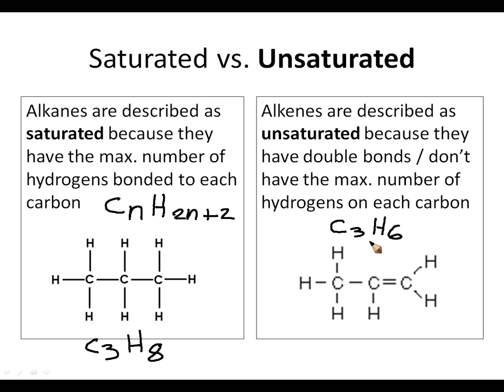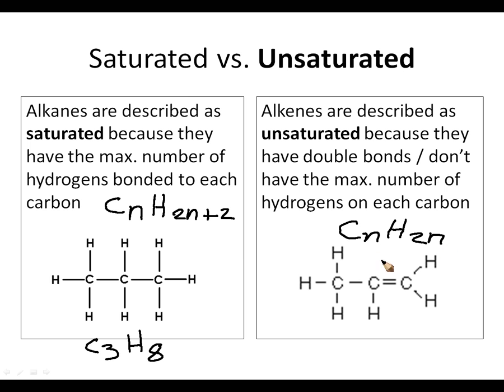That means the generalized formula for an alkene is actually slightly simpler. It's basically Cn, whatever number of carbons you have, H2n.